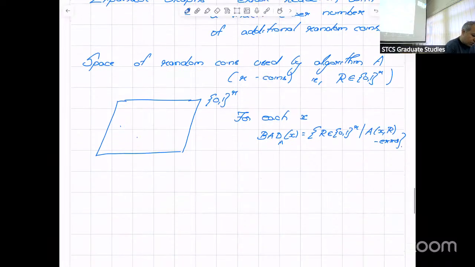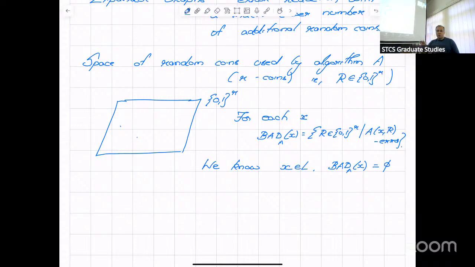So what do we know? If x is in the language, bad(A,x) is empty. There is no bad, erroneous random string. If x is not in the language, then bad(A,x) is how many?